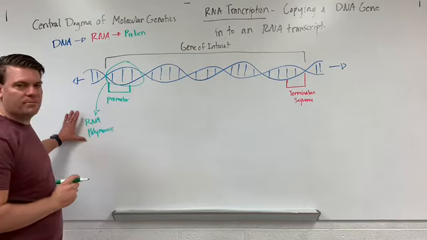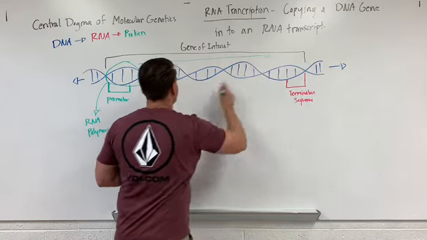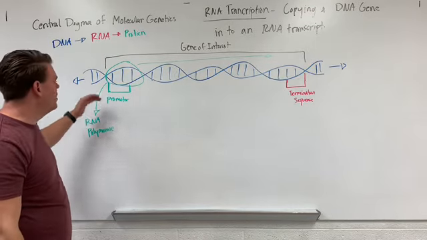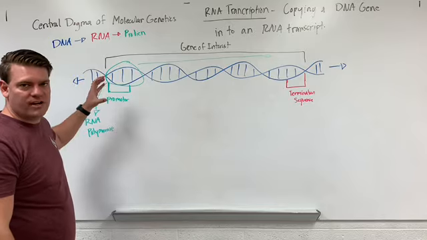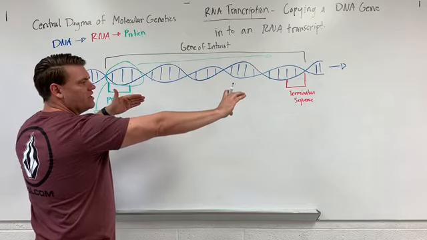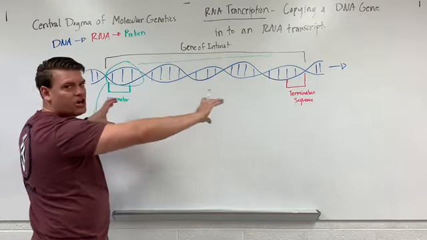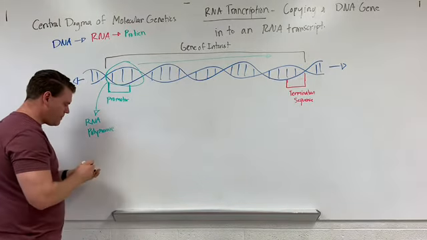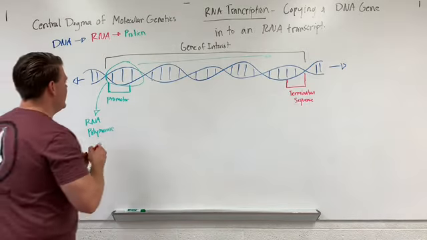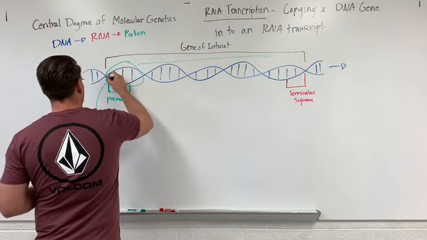Okay, so we have our RNA polymerase, and then it's going to go down here, and as it goes down, it's going to create a copy of our gene on one strand. So remember, if we split this up, we have two strands, but the code is only found on, for this part, our top strand. All right, so we're going to open that up. Like I said, as it does that, let's take a glimpse here.